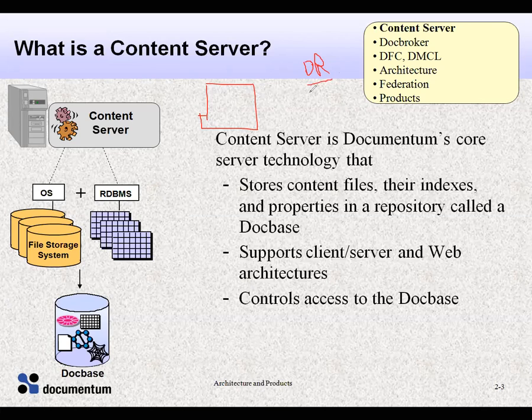I will come to the DR part, but right now I'm discussing HA. For example, here is one content server, and this is content server 2. Let's say right now this one is taking requests. By any chance, suddenly this server goes down.